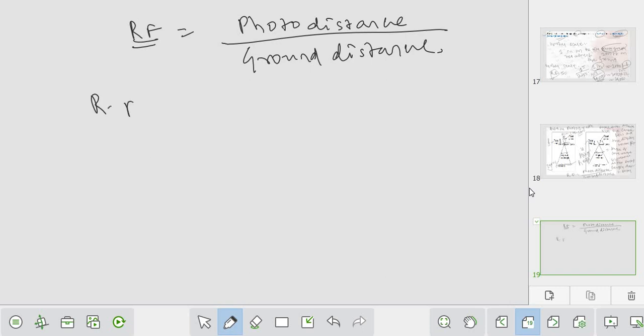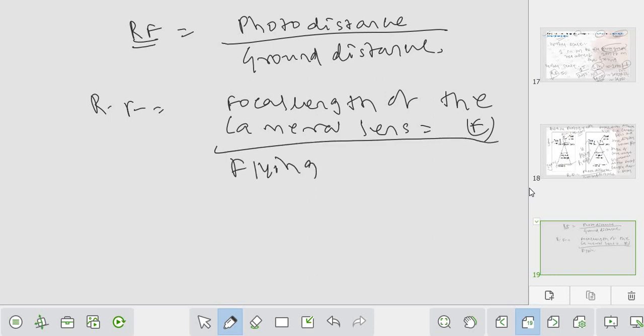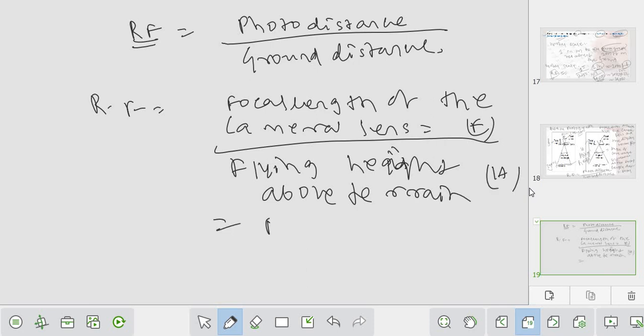And also RF can be written as focal length of the camera lens, ठीक है, f small f by flying height above terrain. So it is h. So flying height by h you can write.